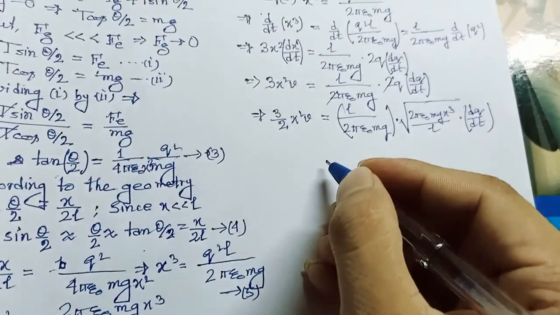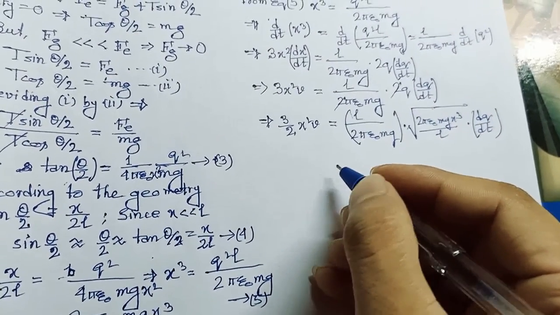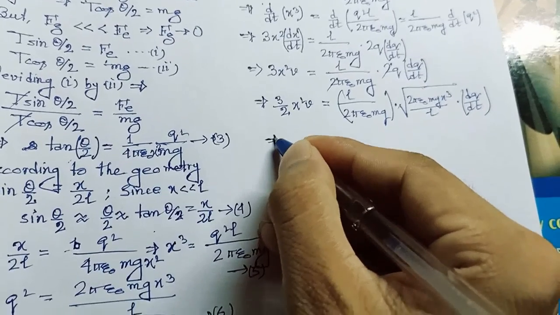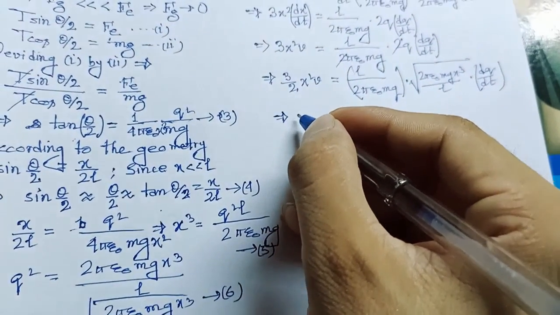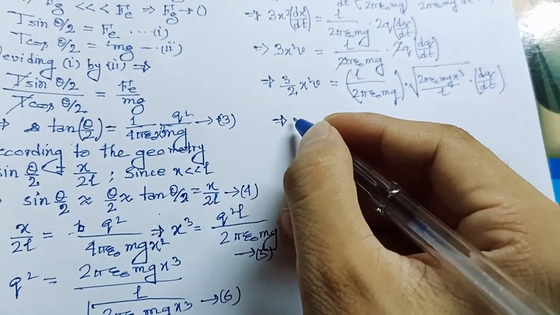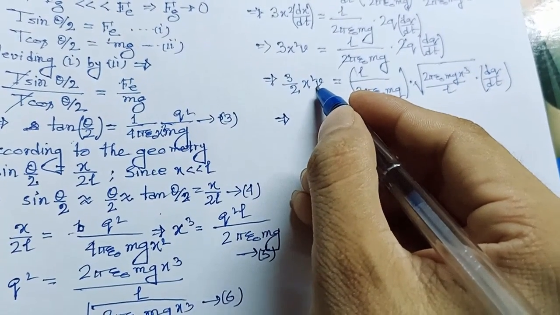Now as we know, in our given question it is given that the velocity varies as v equal to a divided by root x, so we can replace the v as a divided by root x.